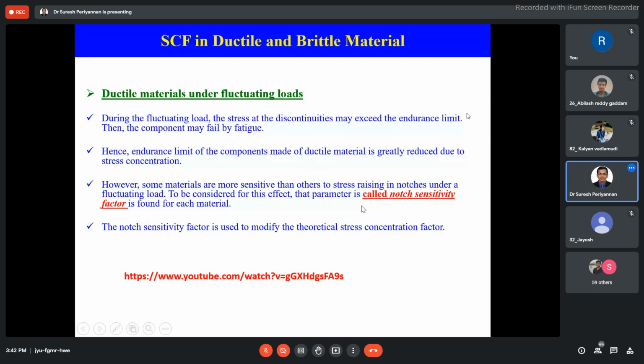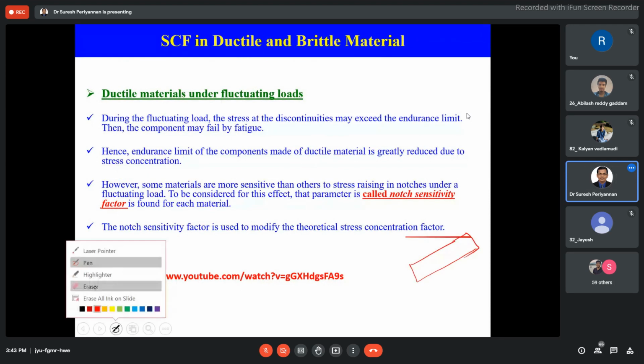I will tell you a small example. Take one small bar, made of two materials: one is aluminum, another is mild steel. Two materials, but the same identical bar.